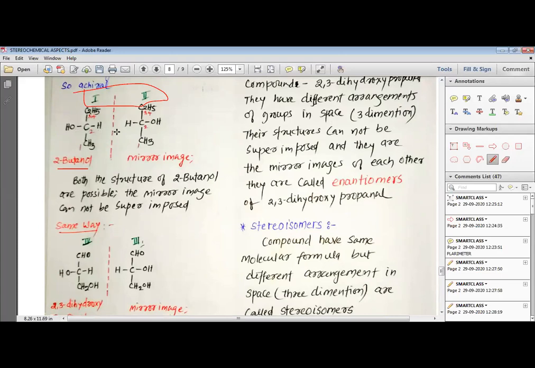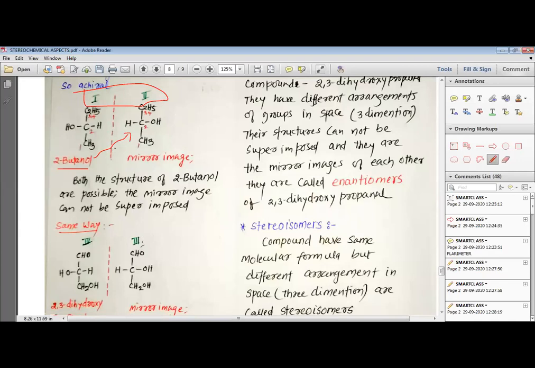If we write it this way, will you give it the name 2-butanol? I am asking, dear students. Can we call this structure 2-butanol? Hello? Dear students, no response? Okay.